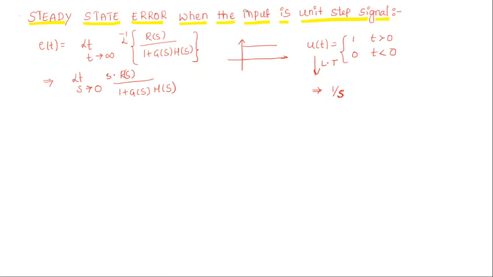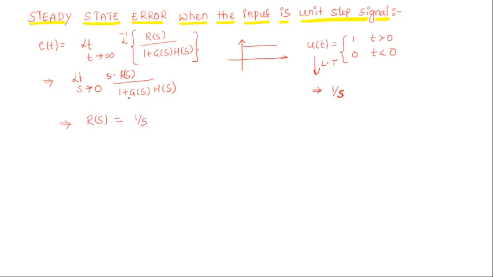So if the input signal is a unit step, here R of s is the unit step. In place of R of s, just substitute 1 by s, since the Laplace transform of the unit step signal is 1 by s.